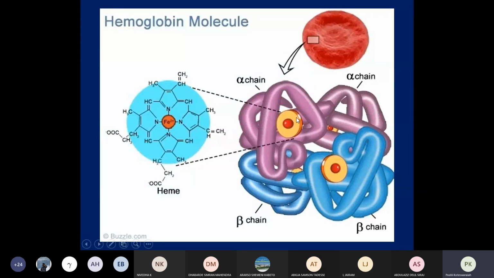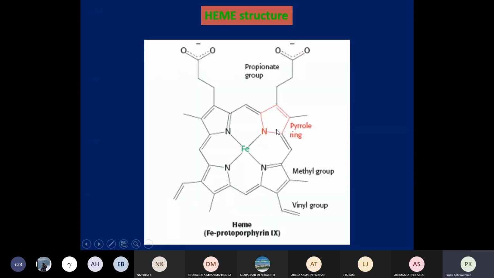This is the hemoglobin, and it is a tetramer. It has two alpha chains and two beta chains, and each subunit has a heme pocket, which is where the oxygen binding takes place. This is the structure of the hemoglobin, and to make it a little clearer, I will draw this structure here so that you will be able to understand.